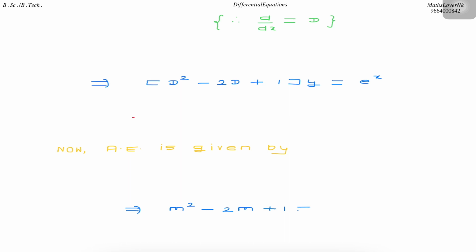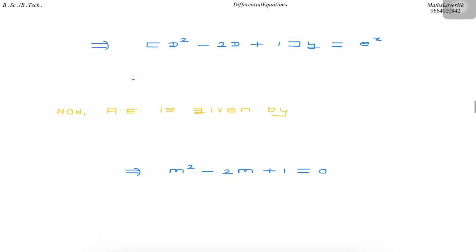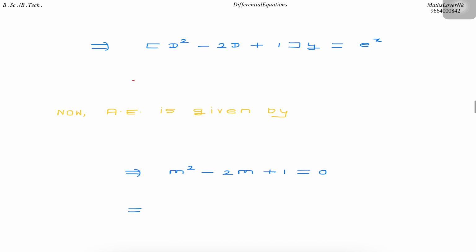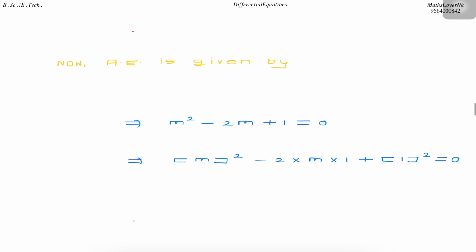We can write down m square minus 2 into m into 1 plus 1 square is equal to 0. It becomes a proper identity of a square minus 2ab plus b square, that is, a minus b the whole square. So here m minus 1 the whole square is equal to 0.